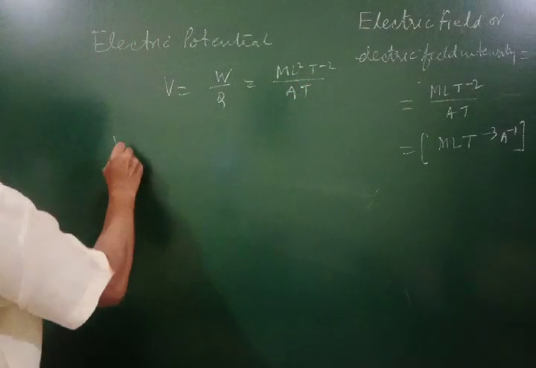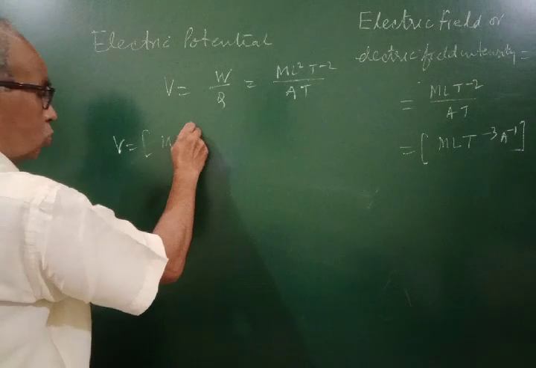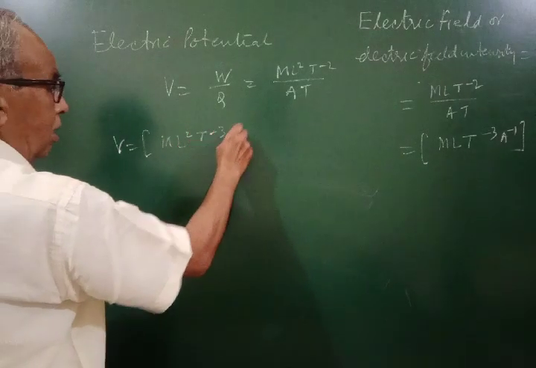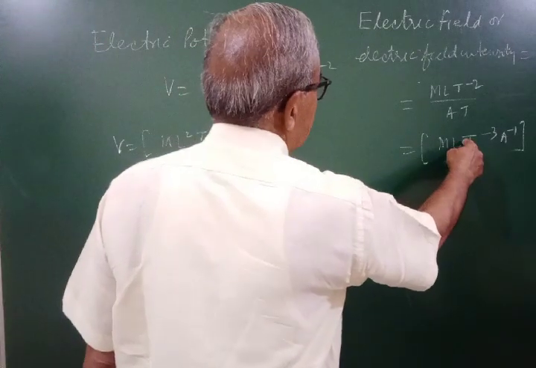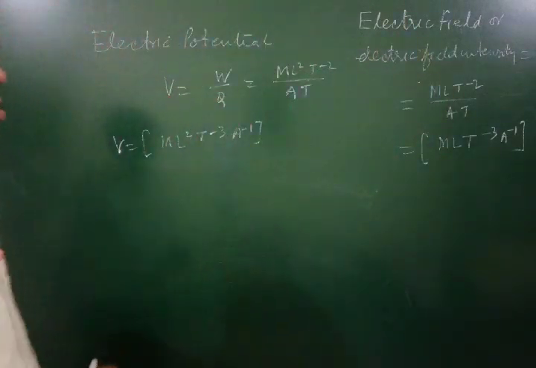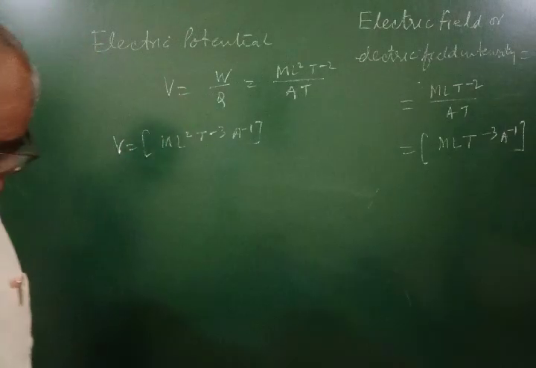So the dimensional formula for potential is ML^2 T^-3 A^-1. The difference is there: in electric field it is L because that is force, while here it is work. Great, you know.